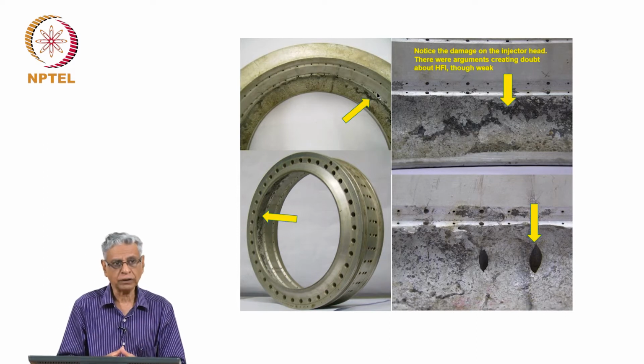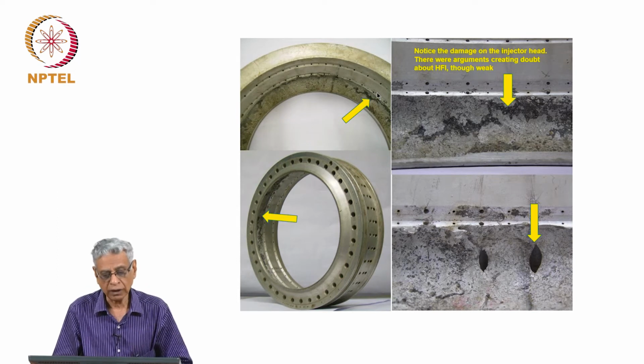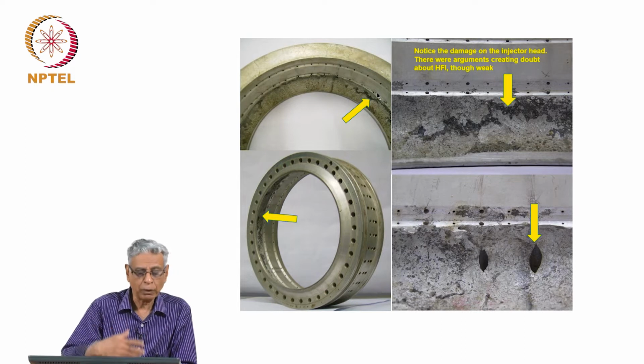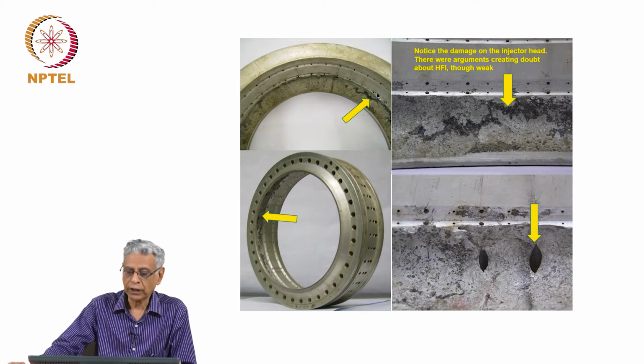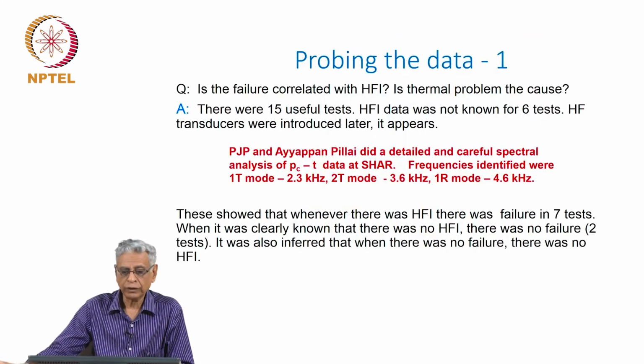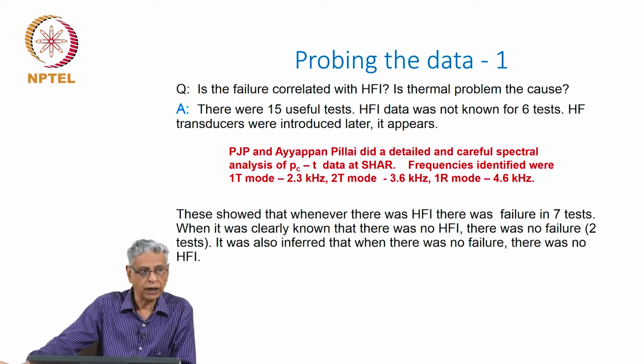This subject was debated in Vikram Sarabhai Space Center for a long time, and I happened to be a member of a committee, with other members from both VSSC and the Institute of Science looking at this problem. After discussions, I decided to probe the data available at SHAR to answer the question whether the failure was correlated with high frequency instability or whether a thermal problem was the cause.